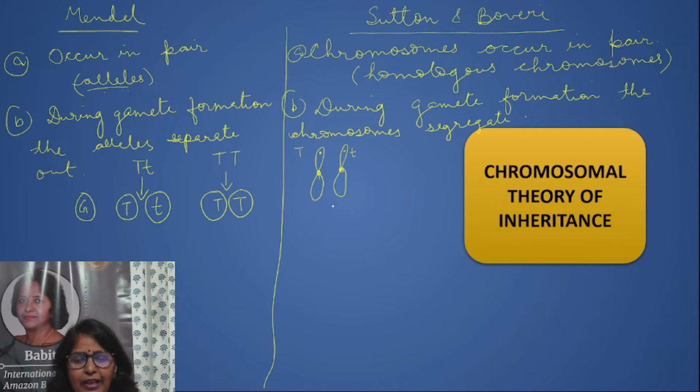One chromosome will go in one gamete, the other chromosome will go in another gamete. So when a gamete is formed, we have T over here. This is one chromosome. Let me write T outside. And for another one, we have small t over here, and this is the gene which is present on the chromosome.